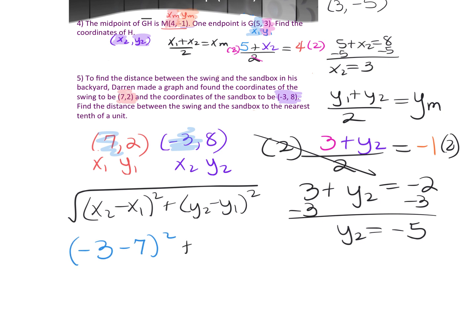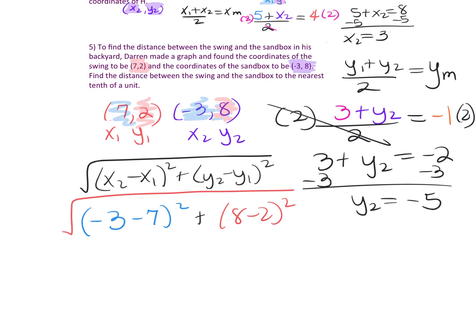And then now I'll grab the y's, the 8 and the 2, subtract them, 8 minus 2 squared, and this is all still under a square root symbol. This is going to give me -10 squared. This is going to give me 6 squared.